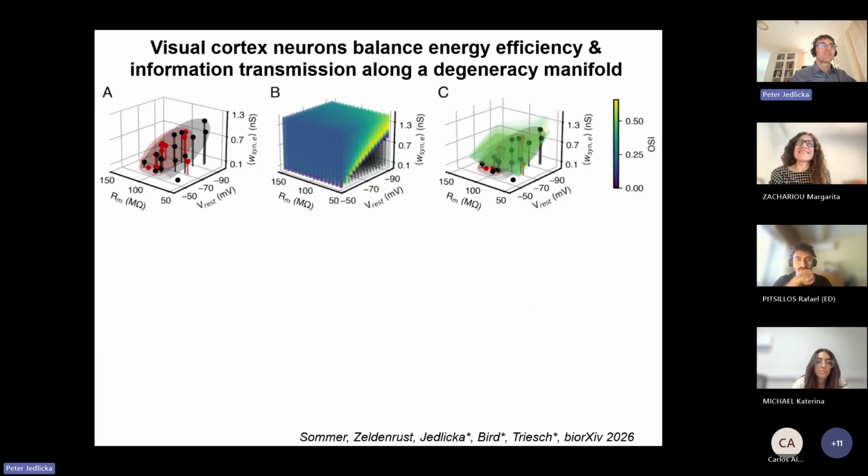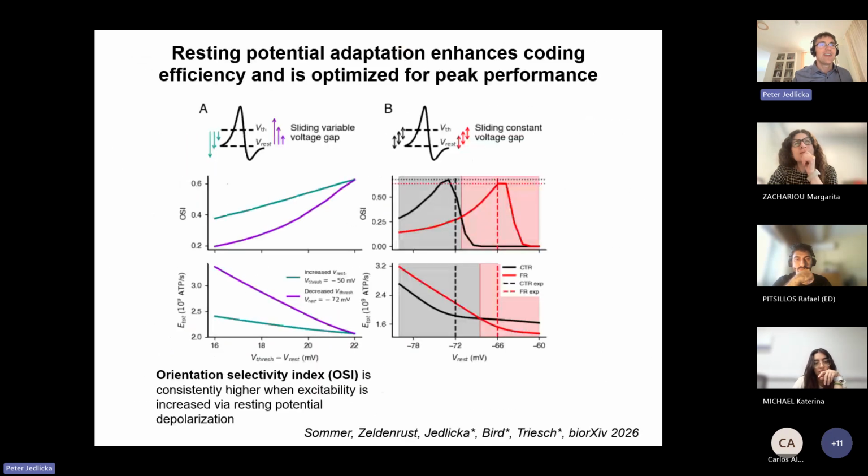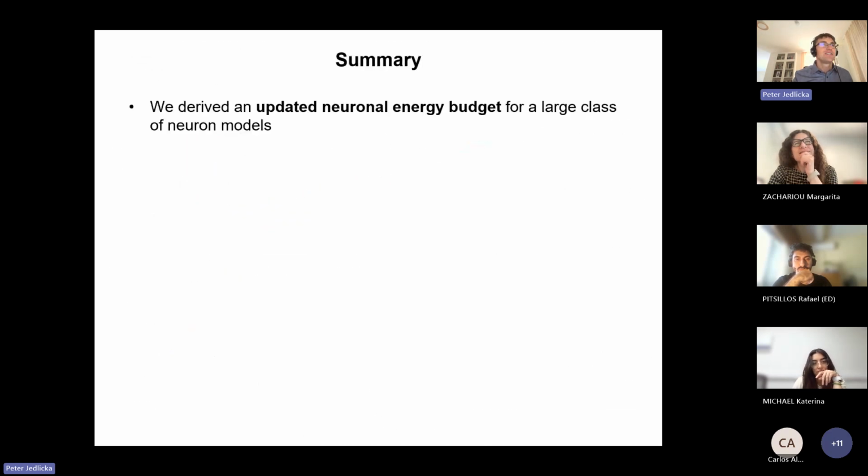I will just give you the reference, so if you want to read about Pareto optimality in visual cortex neurons, you can look up our new preprint in which we explored these ideas of Pareto optimality and degeneracy.